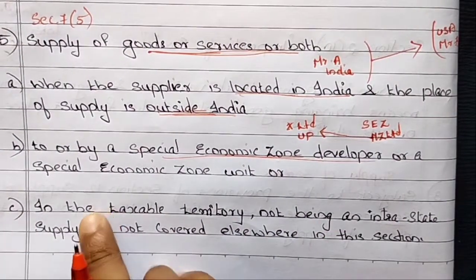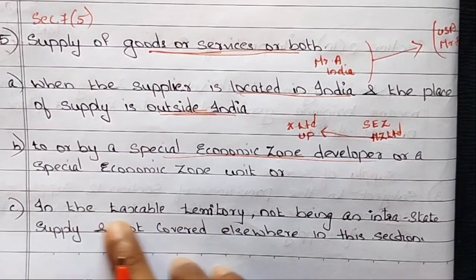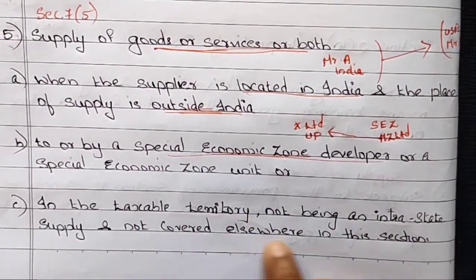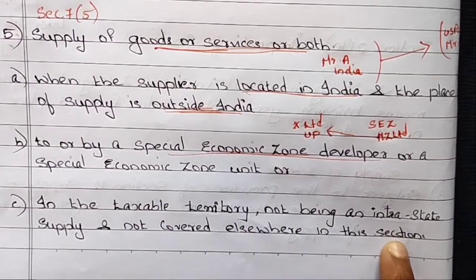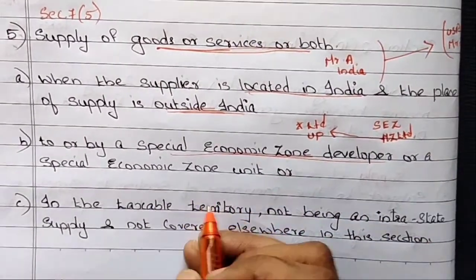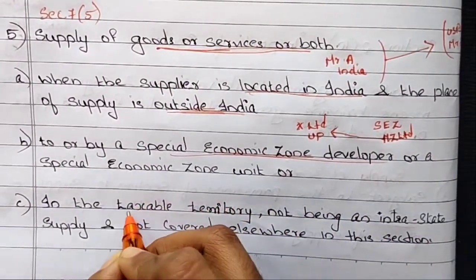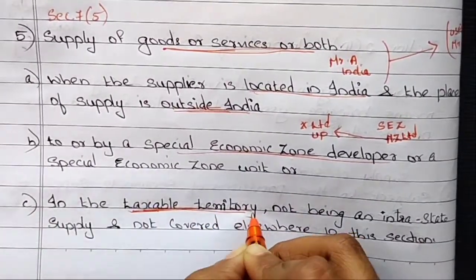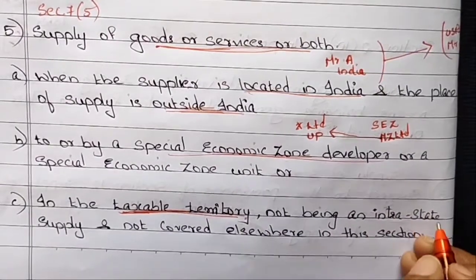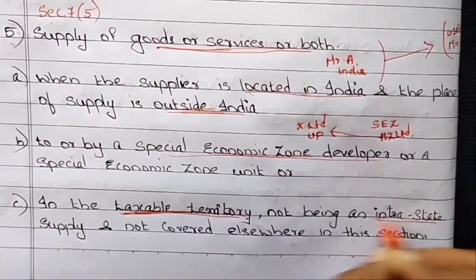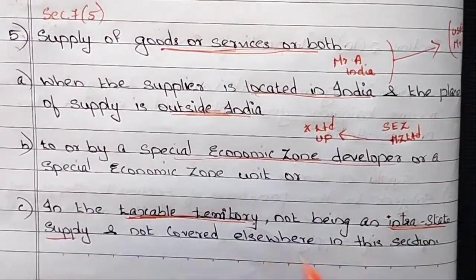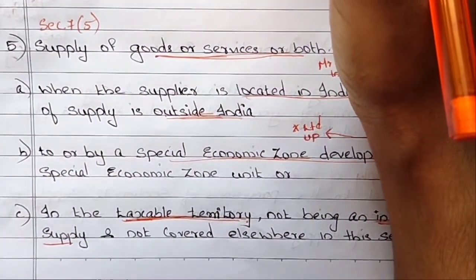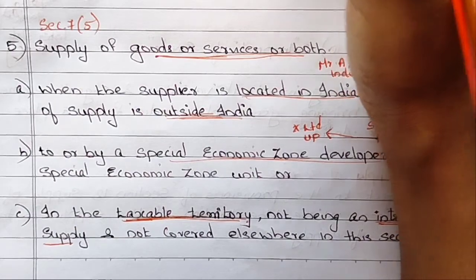Now the next one is in the taxable territory, not being an intrastate supply and not covered elsewhere in this section. So the supply of goods or service or both is in a taxable territory. It is done in a taxable territory, not being an intrastate supply, and it is not covered in the above sections, that is section 7 subsection 1, subsection 2, subsection 3 or subsection 4.